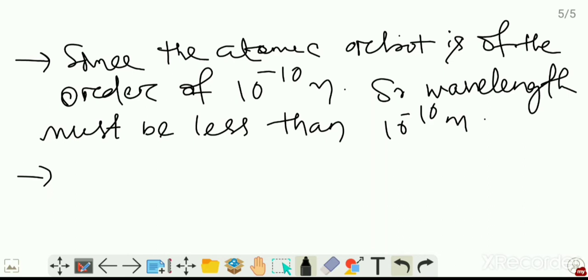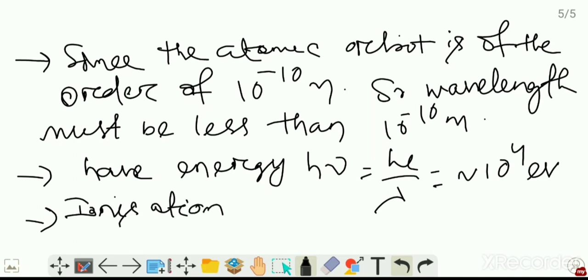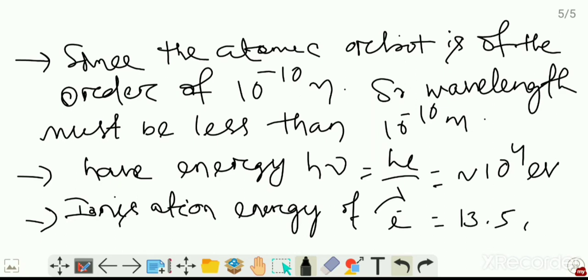This small wavelength radiation has energy h mu, that is hc upon lambda, equal to the order of 10 to the power 4 electron volt. And we know the ionization energy of the electron in a hydrogen atom is just 13.6 electron volt.